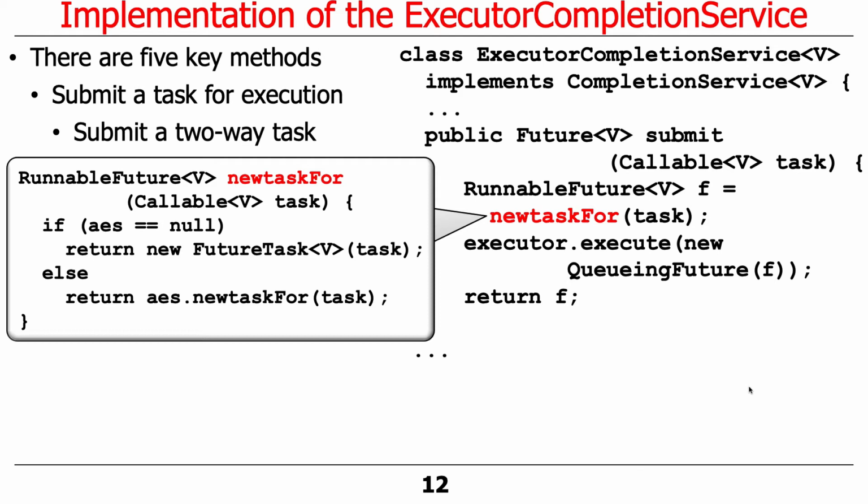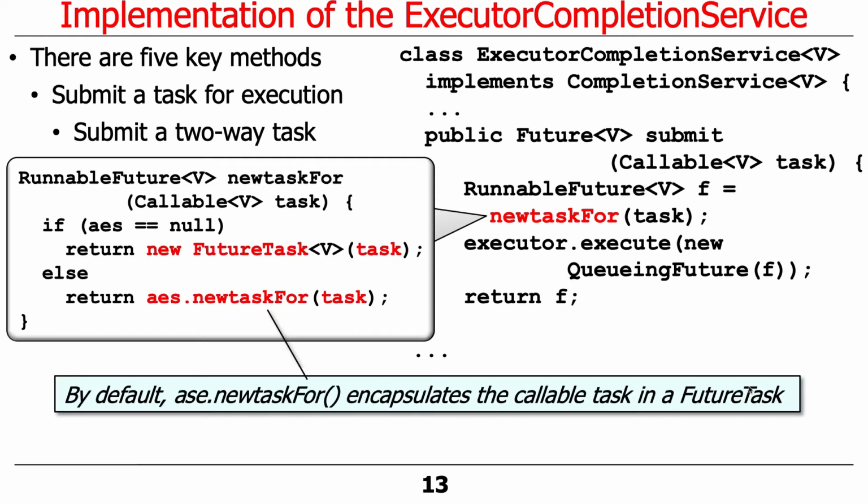Now, we're going to talk about future task later. We'll probably talk about it next week, I guess, after we're done here. You can see what this particular implementation does is it goes ahead and it makes a new future task and stores the callable inside the future task. And a future task is a class that implements future. Actually, it implements something called runnable future, and we'll talk more about runnable future in a second.